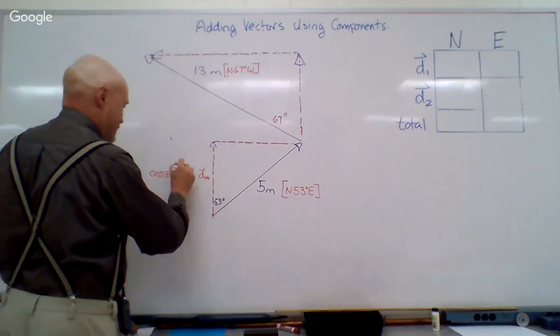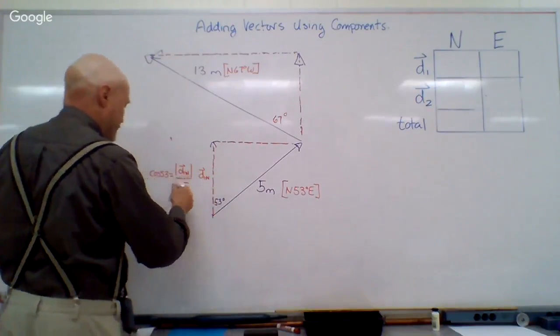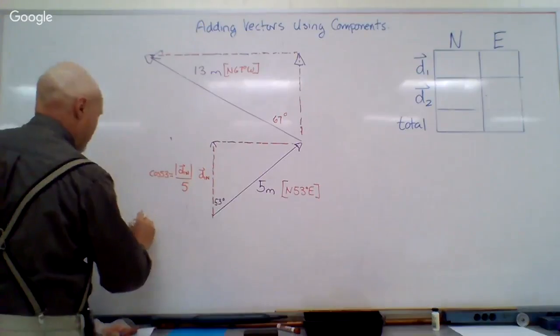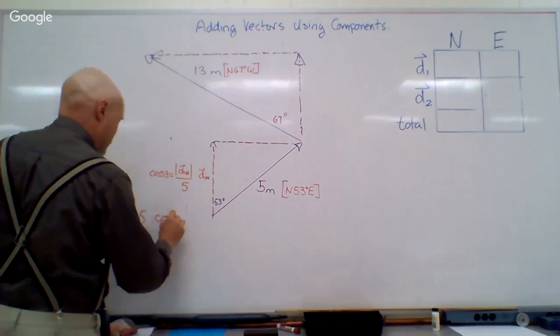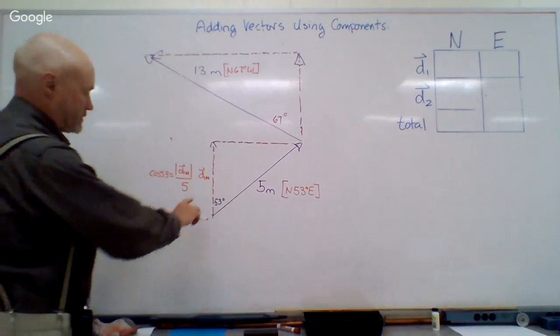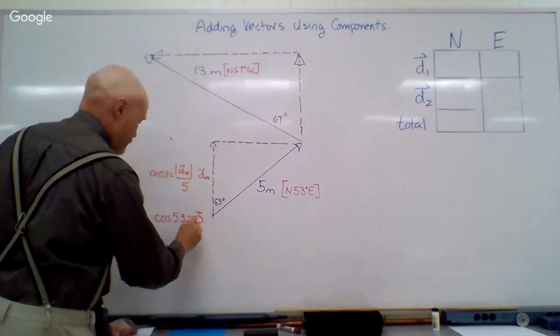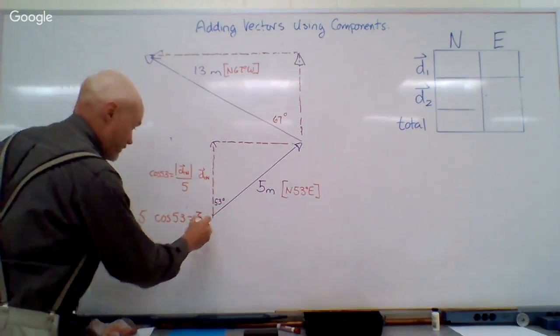So the length of D1n over 5 is equal to the cosine of 53. So 5 times cosine of 53 is equal to 3. So this trip, basically, I go 3 meters to the north.